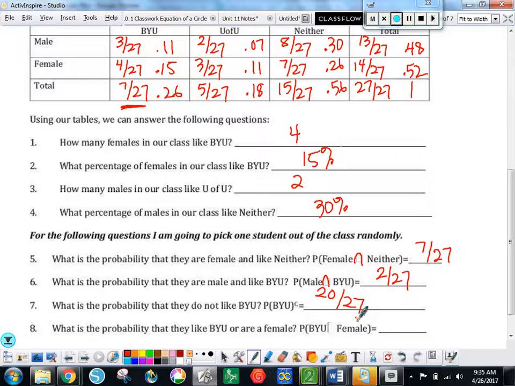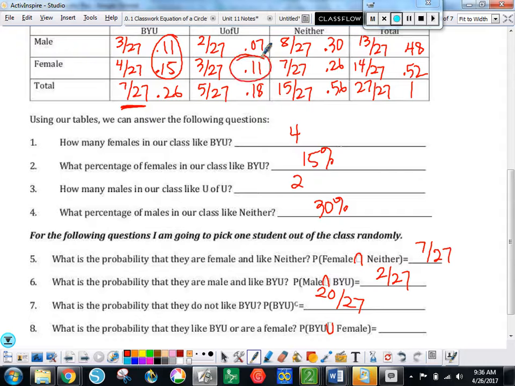What is the probability that they like BYU or are female? Is this the overlap or is this the union altogether? Good. And what symbol is that? The union, good. So they have to either like BYU, which is this group, or they have to be female, which is this group.